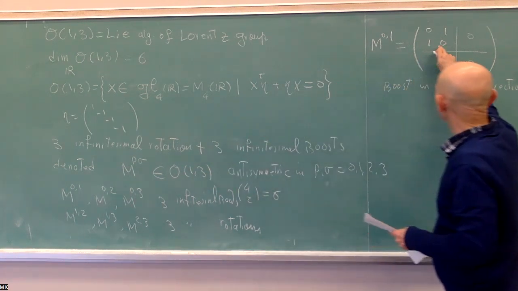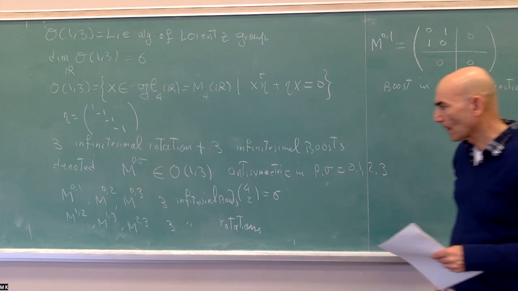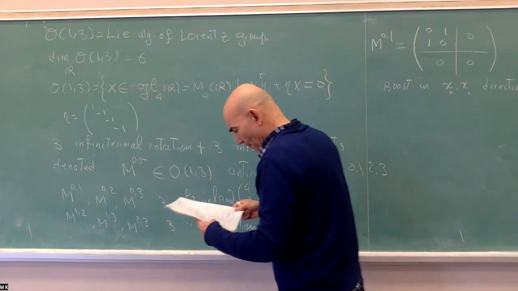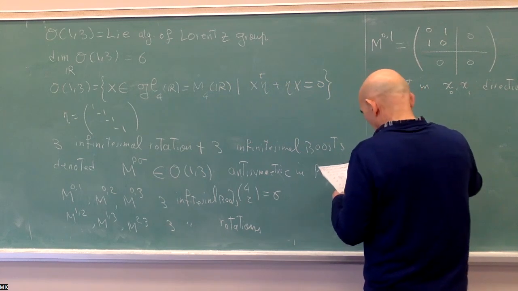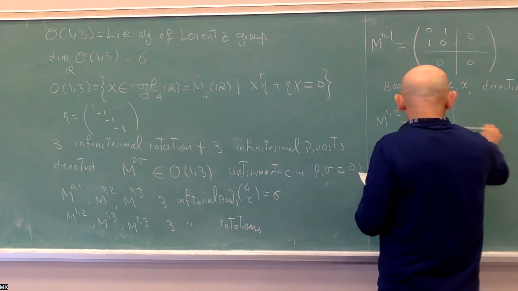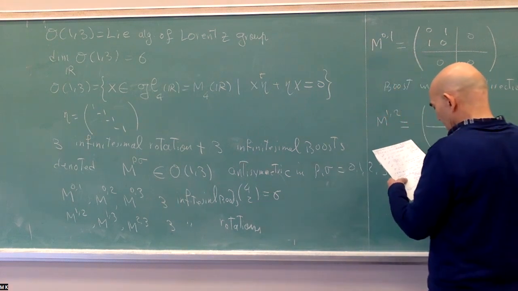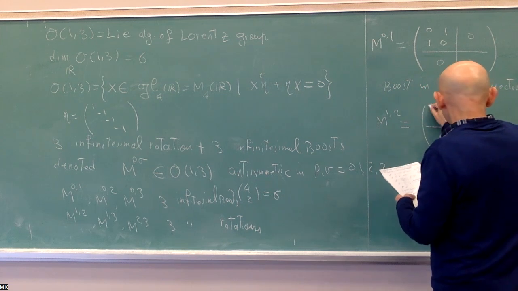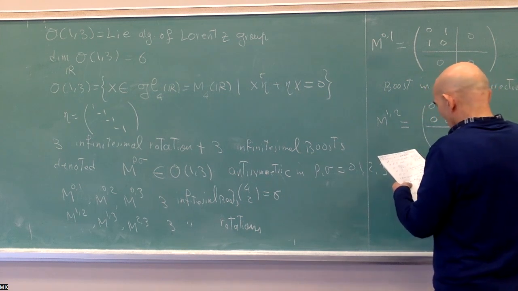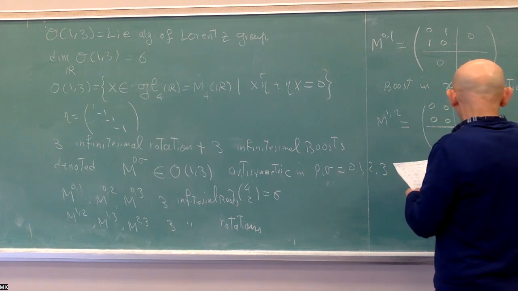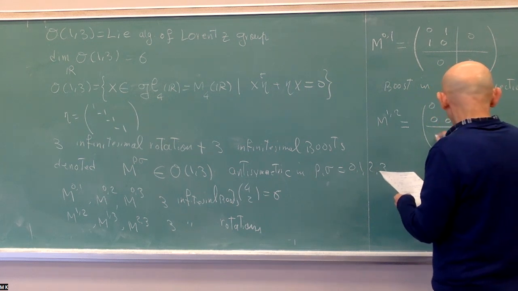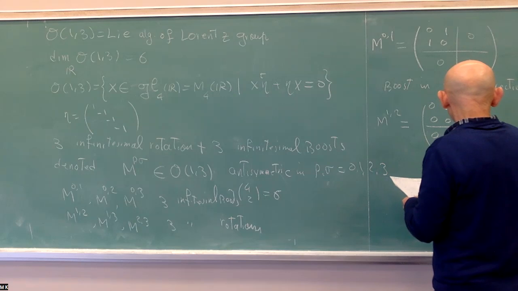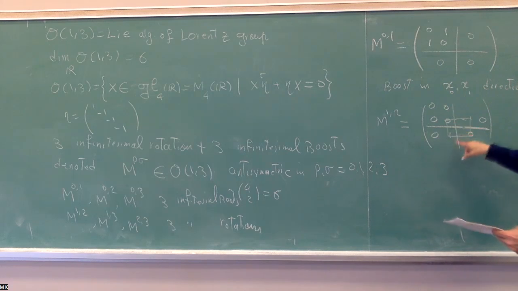You just move these indices. And M12 is also similar. So M12 is, again, 0, 0, 0, 0, and here is -1, 0, and here is 1, 0, 0, and then 0.